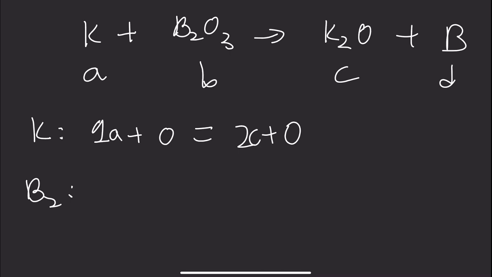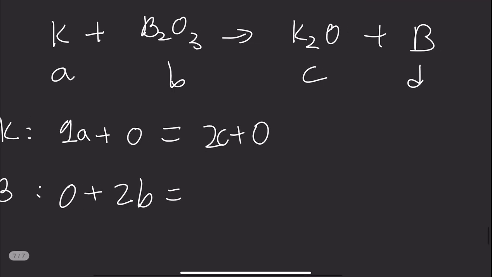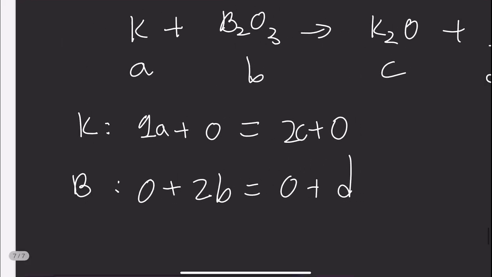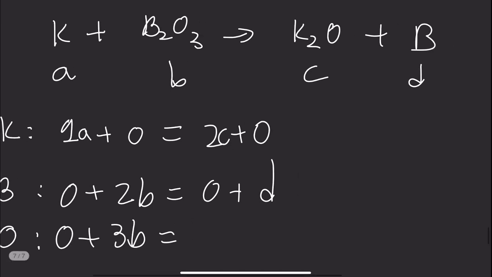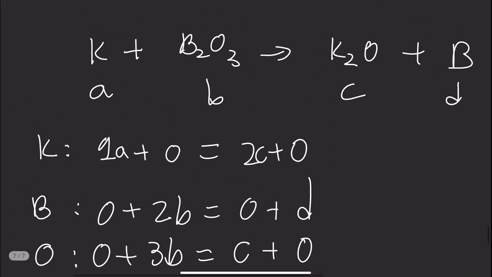For O, it's 0 plus 2B equals 2, 0 plus D. And then lastly, for O, 0 plus 3B equals 2C plus 0.